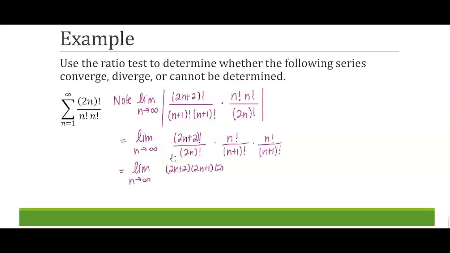So I've reached 2n factorial, because then it will keep going down from there, which is a factorial. And now all of this is over 2n factorial. So the 2n factorials are going to cancel out. All that's left from this first quotient is these two parts. So this is a quadratic that we have going on.